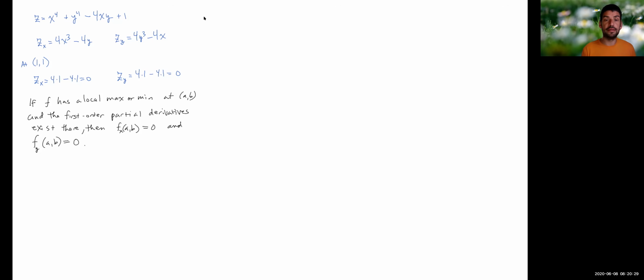Well, we call them the same thing here. Critical points are where both of our first order partial derivatives are 0, or at least one of them doesn't exist, right? And just like in single variable calculus, these critical points are candidates for where we might find a maximum or min. And just like in single variable calculus, they're not always max or mins, right?